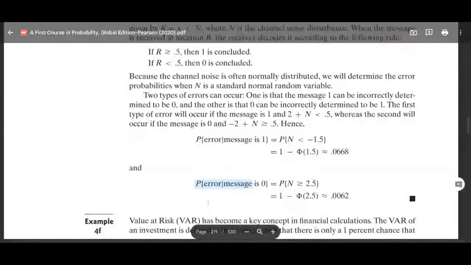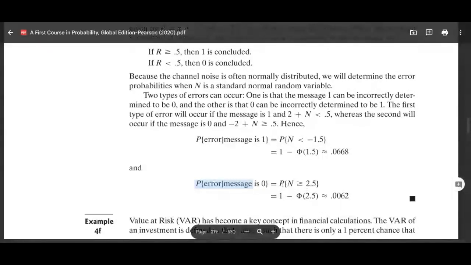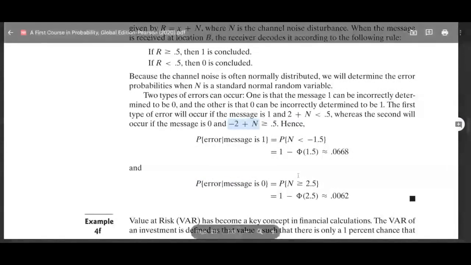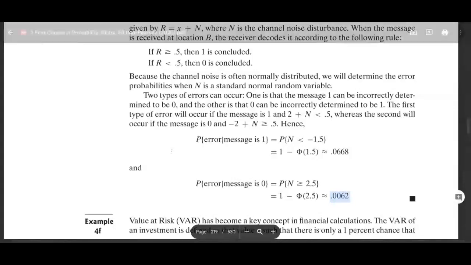Then if the message is 0 and it's an error, that's the probability of n greater than or equal to 2.5. Add 2 on both sides, so n greater than or equal to 2.5, which is 1 minus this, which is about this.